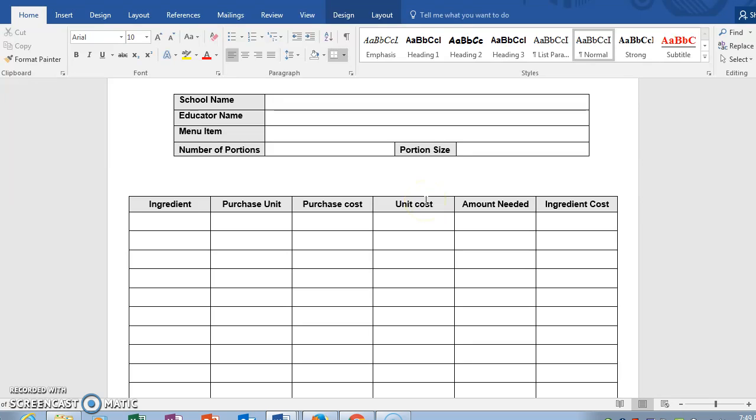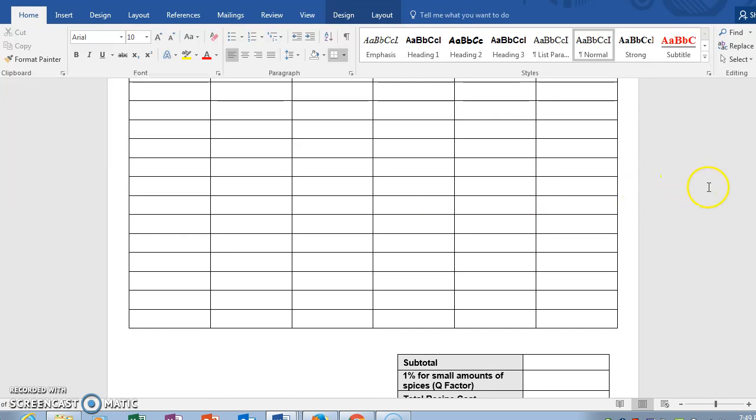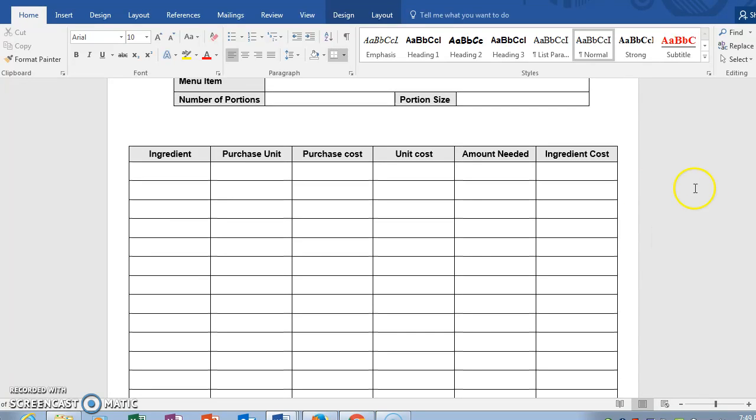Remember we talked about having a common denominator, and so that would be trying to decide if you wanted in ounces, cups, pounds, grams, whatever that it was, how much you need, and then how much the total cost was. Okay, so for instance, let's just say that we are buying tomatoes, and in the purchase unit, they came in a 5-pound bag, and it cost us $10 to buy those.